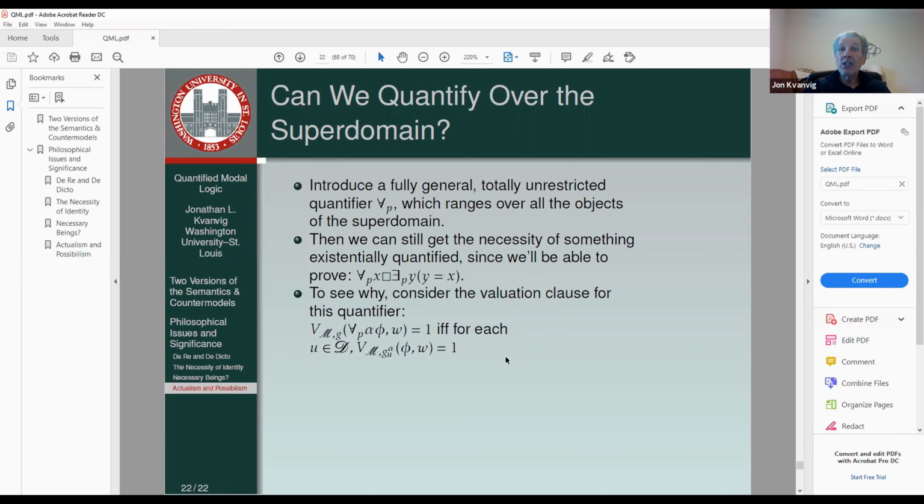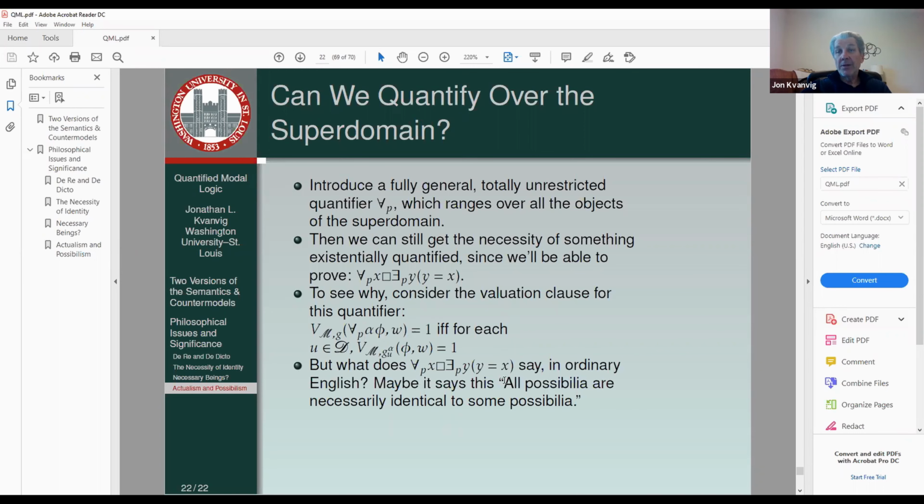Okay, that's the valuation clause. It's standard except for the things that you change to accommodate the fact that you've introduced a new quantifier. It's exactly like the clause for the universal quantifier in variable domain semantics, except that D is replaced with D sub W, which is the subset of the superdomain for world W.